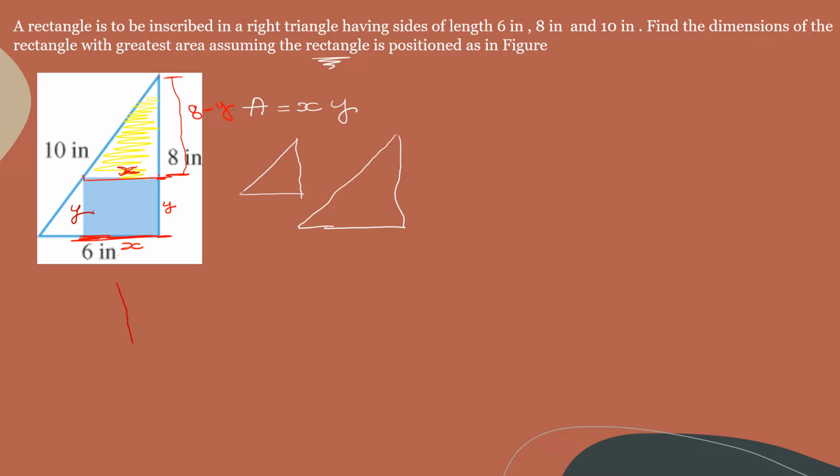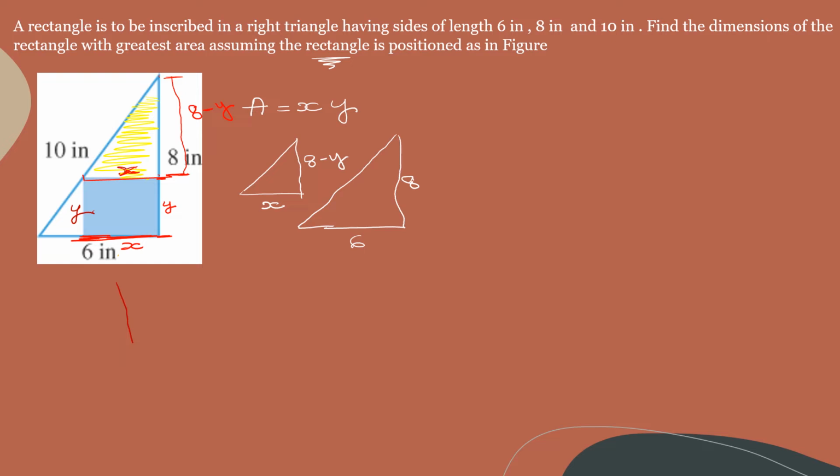The dimensions of the bigger triangle are given in the question, that is 6 and 8. And for the smaller triangle, this value is x and the other is 8 minus y.